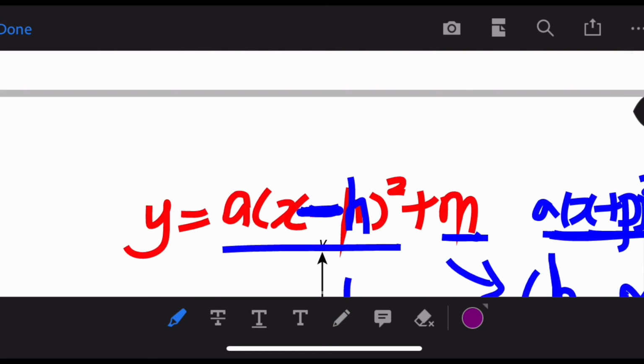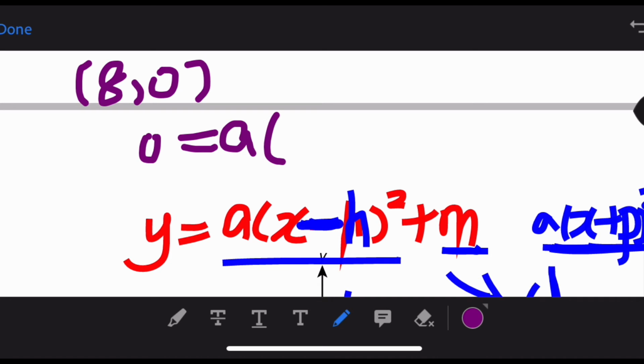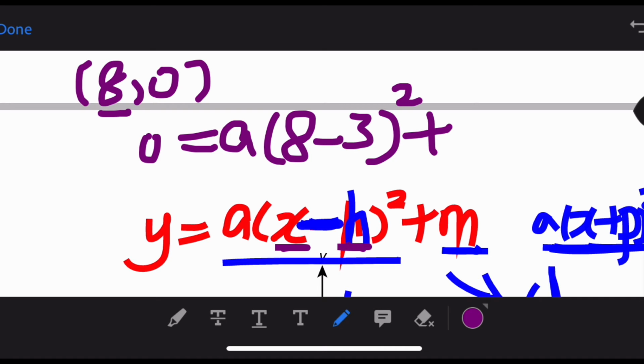So we will substitute into the curve here. Just now it was (8, 0). That means y is 0. a is the one that we want to find. x is 8 minus h. Just now we have h is 3, right? Plus m. m we have negative 5, right?